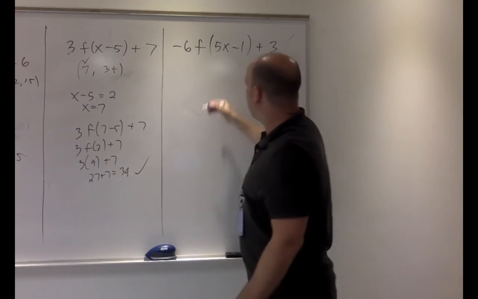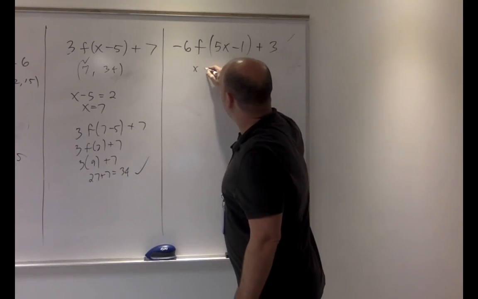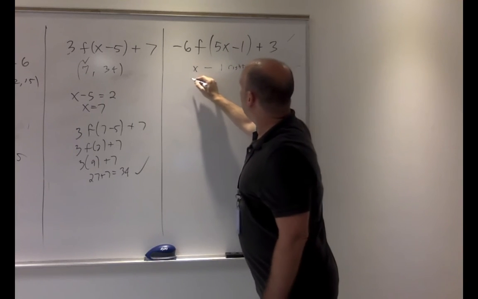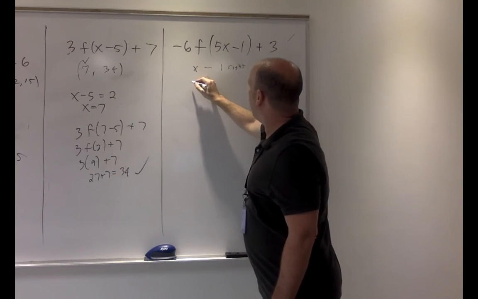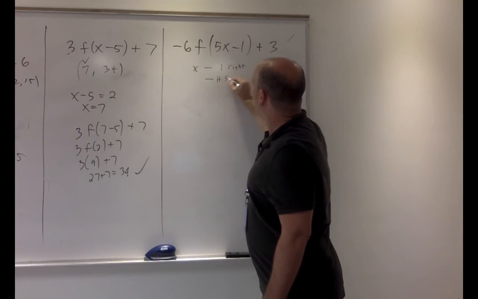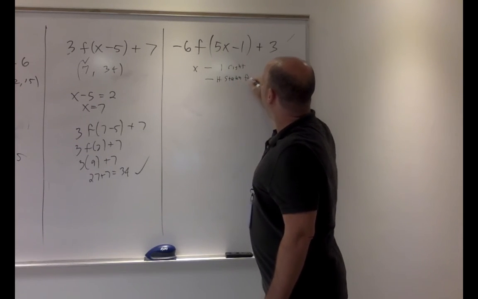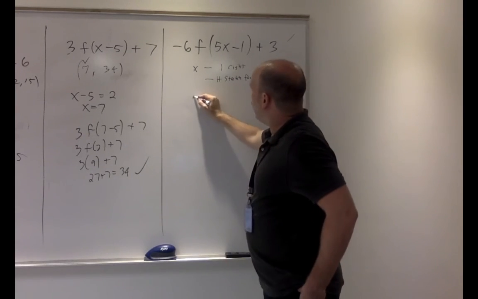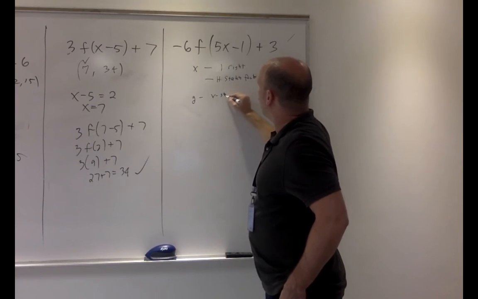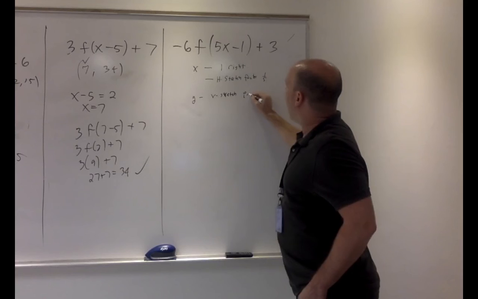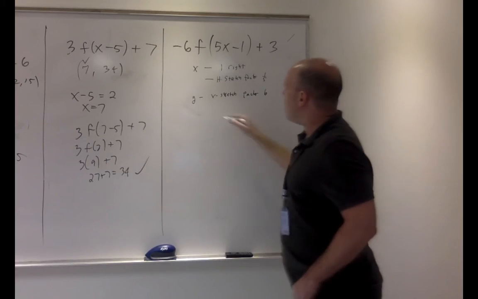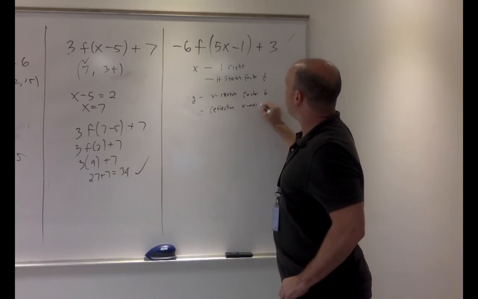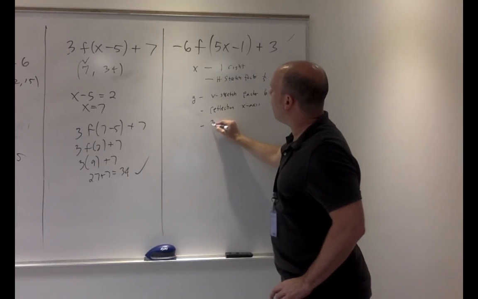Once again, 1 to the right, then a horizontal stretch by a factor of 1/5, then a vertical stretch by a factor of 6, then a reflection through the x-axis, and then it's 3 up.